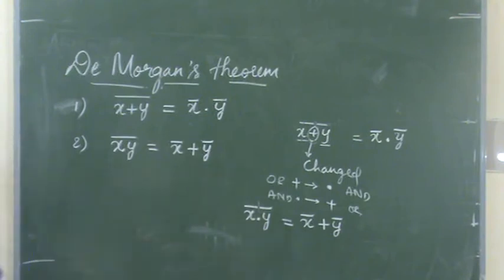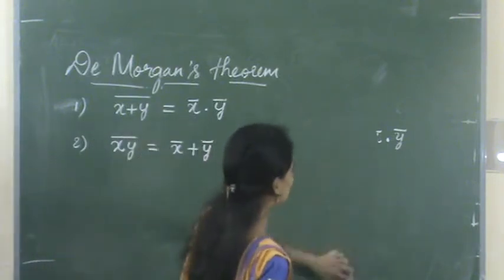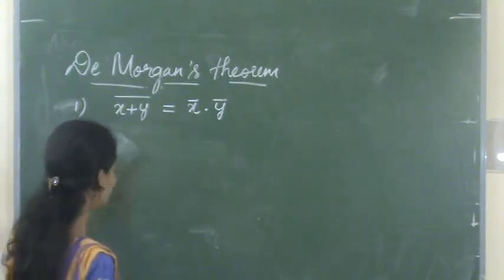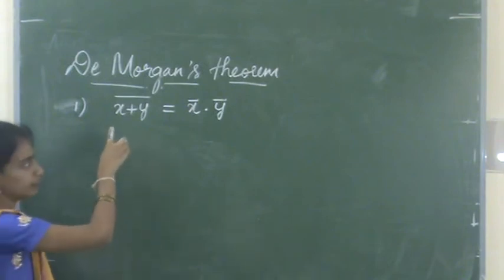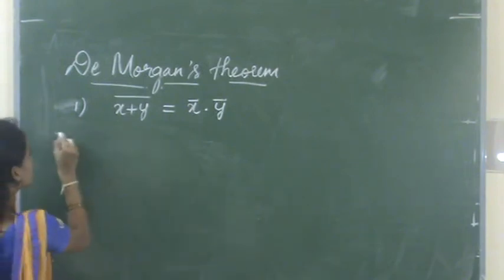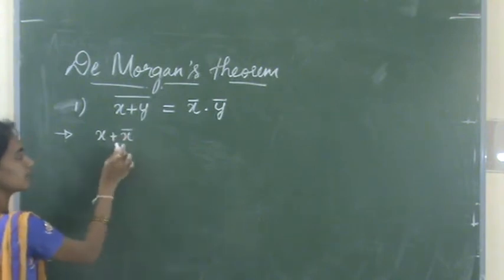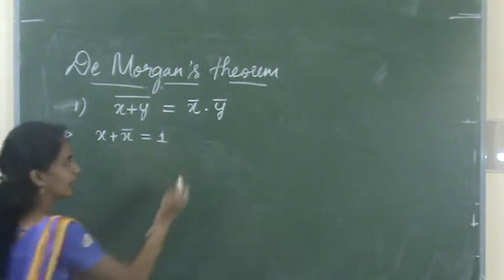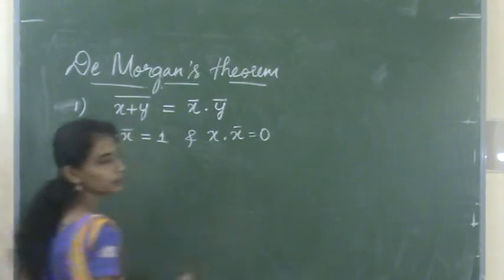Now let me study how to derive this theorem. To derive it, we have to know the complementary law. I will derive the first one first. We know the complementary law: x plus x bar is equal to 1 and x into x bar is equal to 0.